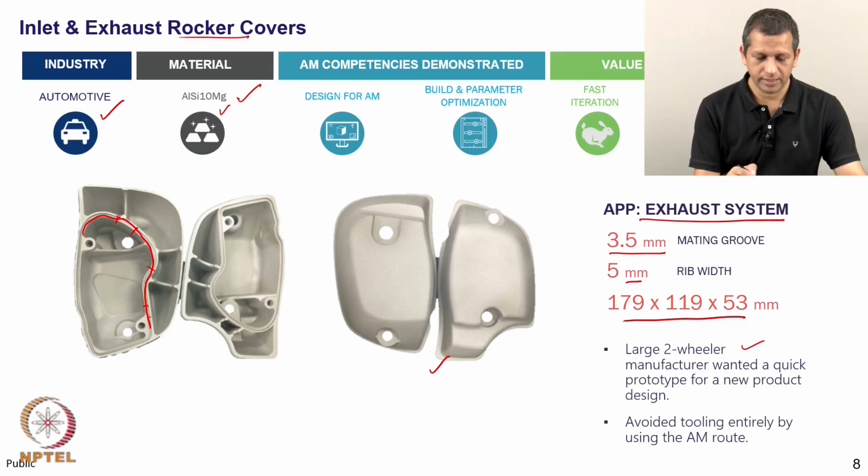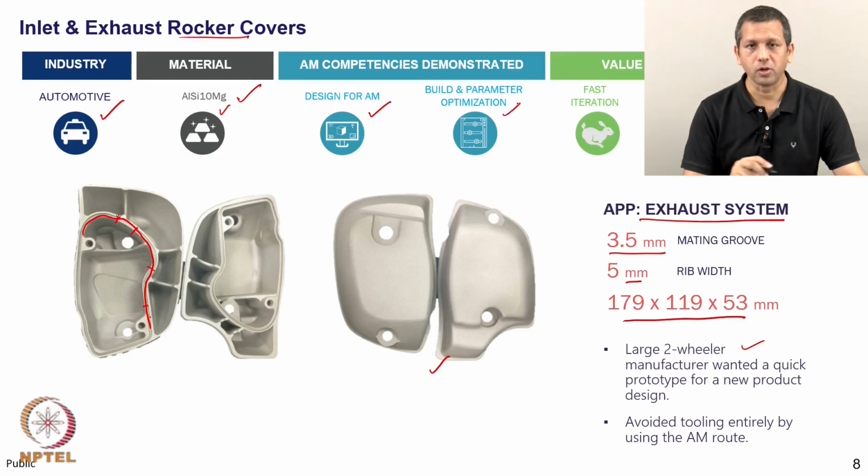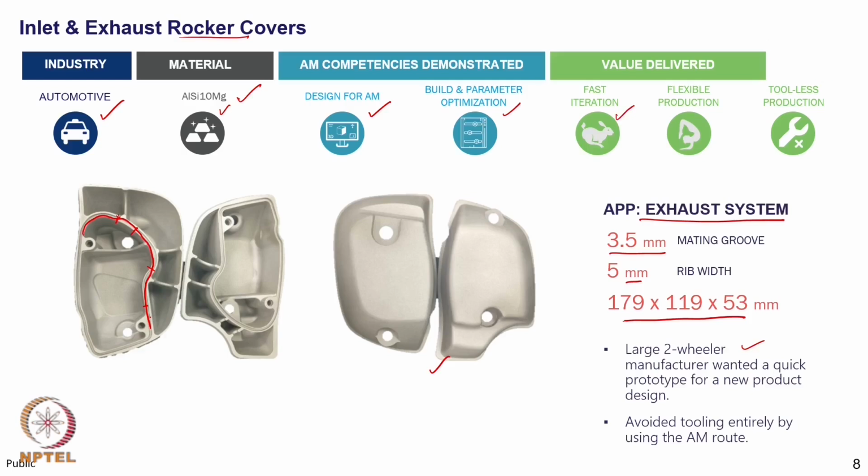This is a demonstration of design for additive manufacturing. It also demonstrates how build and process parameter optimization can be done. The value added because of additive manufacturing is that we can change the design and process quickly because there are no other dependencies, for example tools and molds, etc. We can also have flexible production using additive manufacturing, and as mentioned already, this is a toolless production process.